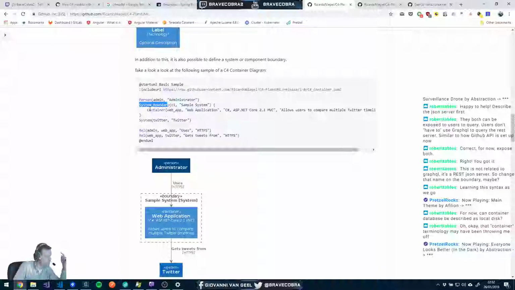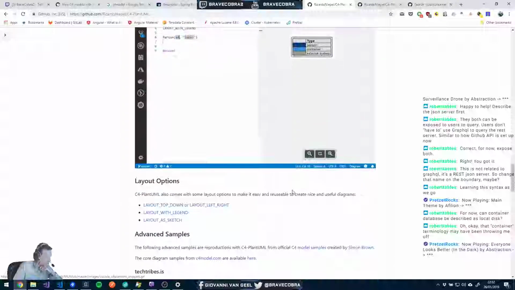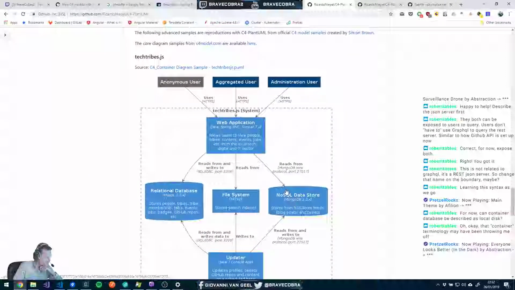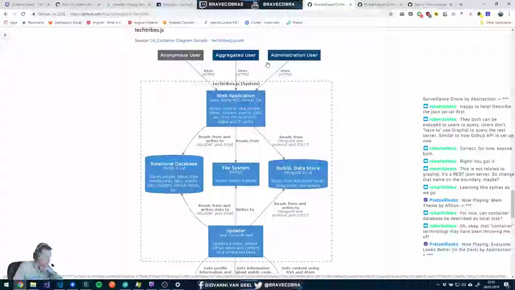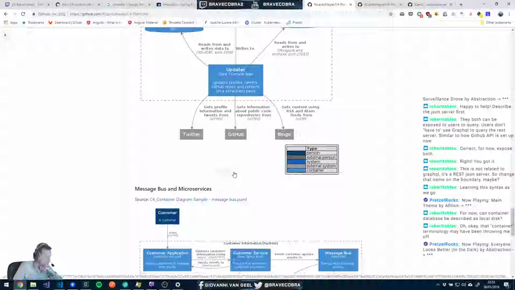We get the system boundary, the container there, and then the container is a container boundary and components in that. Did I get that right? Yeah, pretty much.